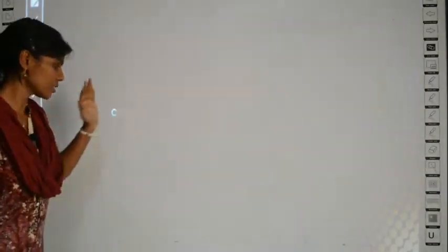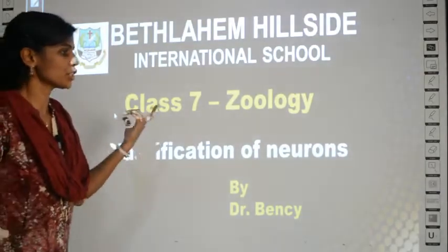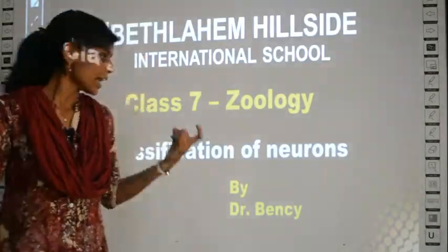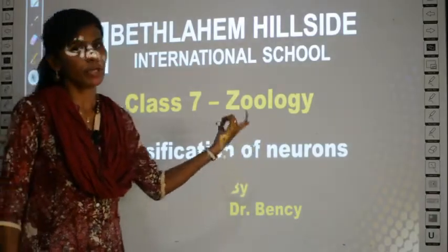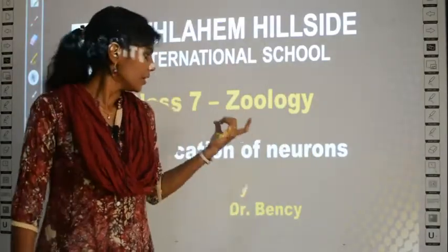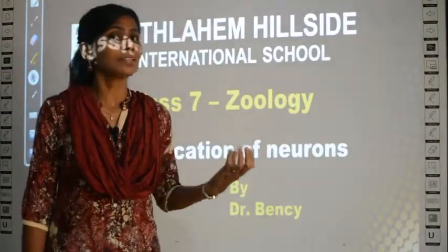What are we going to learn today? Today's topic is classification of neurons. In our past few classes, we had been studying about the nervous system, right? So you know the basic properties of the nervous system, and you know that neurons are nerve cells.